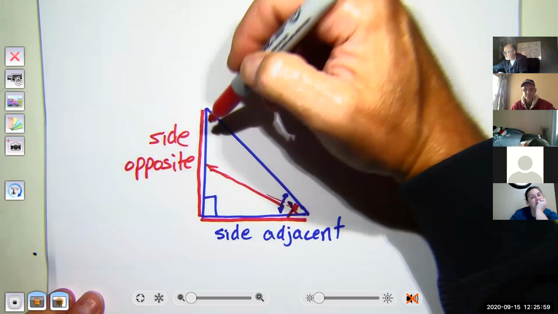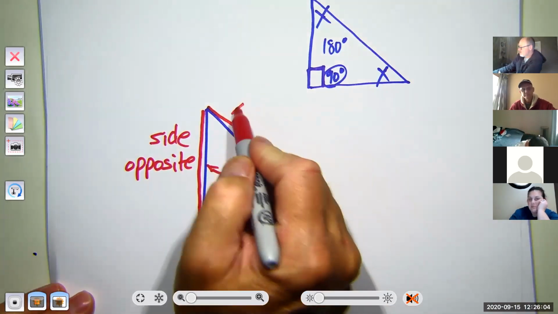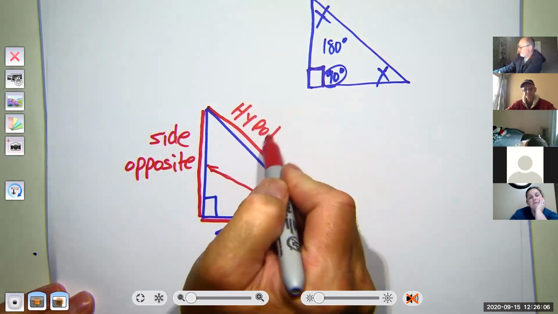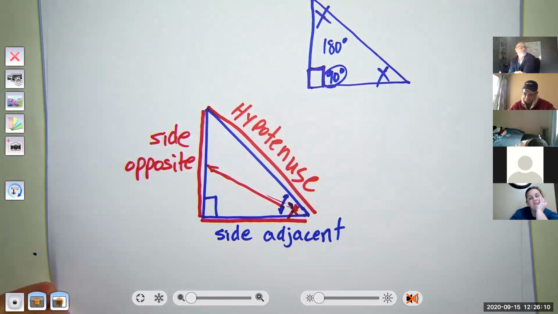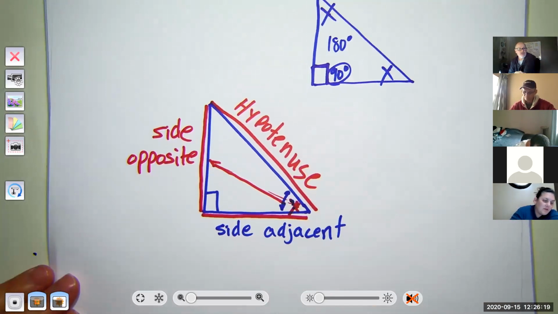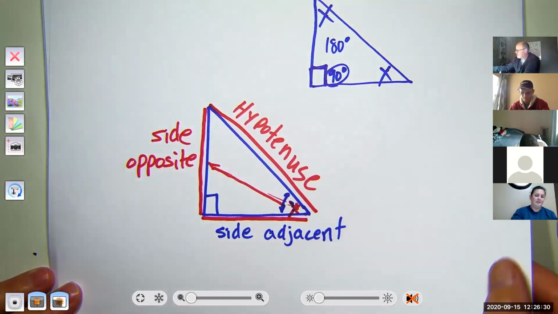And now this line would be called the hypotenuse. Okay. Very easy, very quick. So I have the side opposite, I have the hypotenuse, and I have the side adjacent. So that is a little bit of terminology as we move forward.